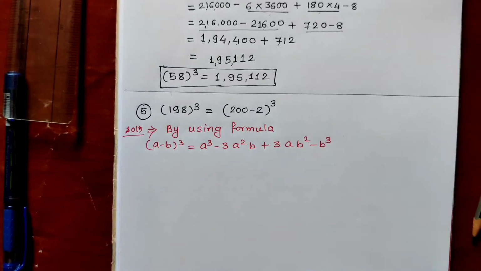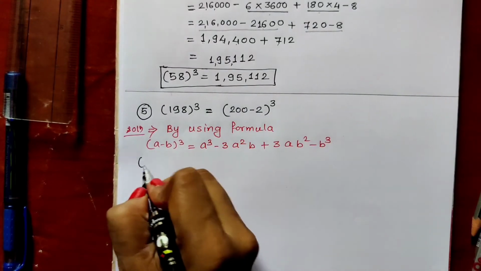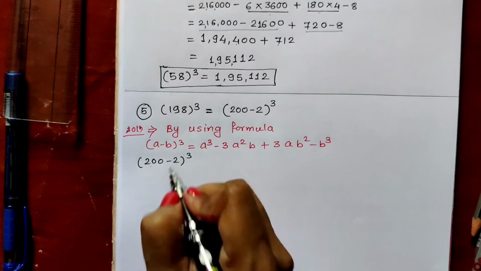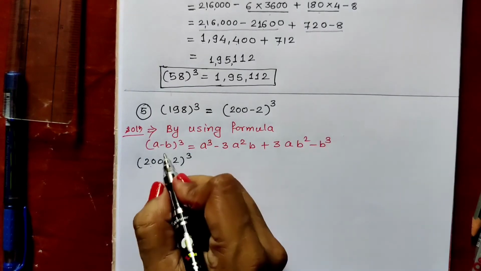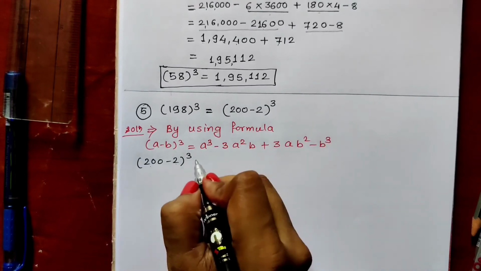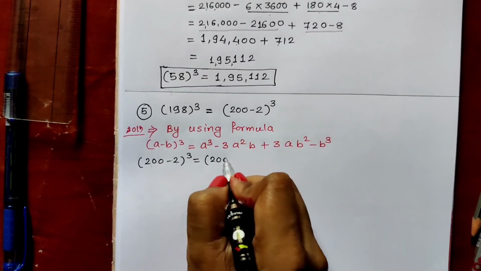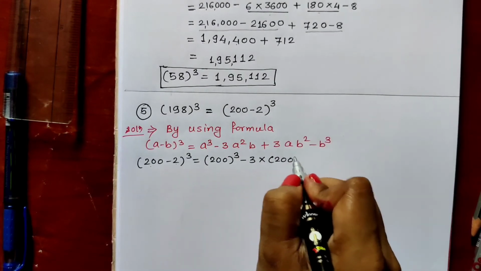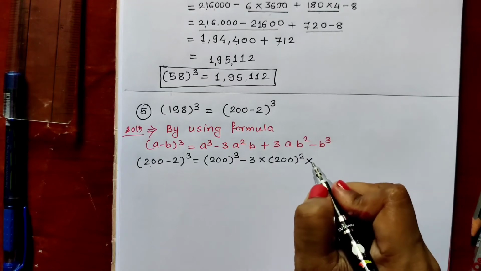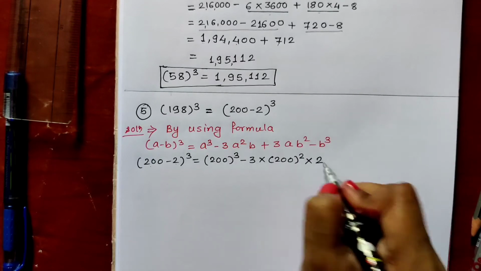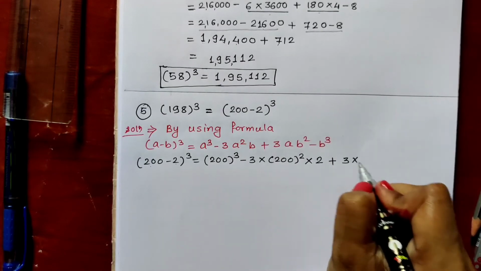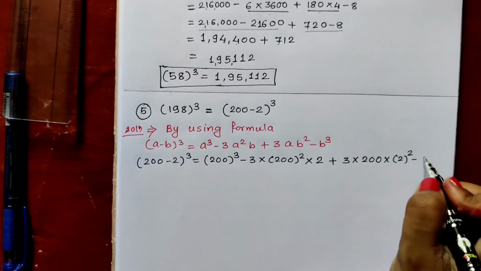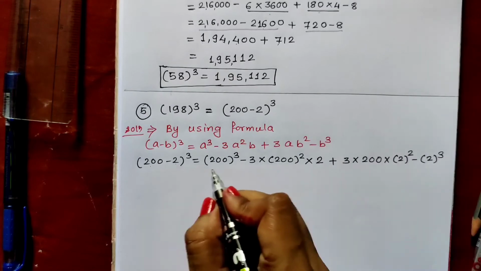Every time write the formula. Now 200 minus 2 cube. Our a is 200, b is 2. So in place of a we will be writing 200, in place of b we will be writing 2 only. So 200 cube minus 3 into 200 square multiply by 2 plus 3 into 200 multiply by 2 square minus 2 cube. In this way we have applied the formula.